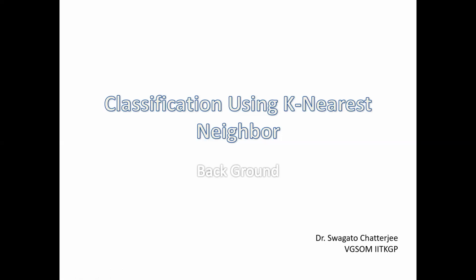So we are starting with machine learning today, and I think Saptarshi had given you an idea about what is supervised learning and what is unsupervised learning. Machine learning is of two types. In supervised learning, there is a y variable, and you try to predict the y variable using the multiple x variables that you have.